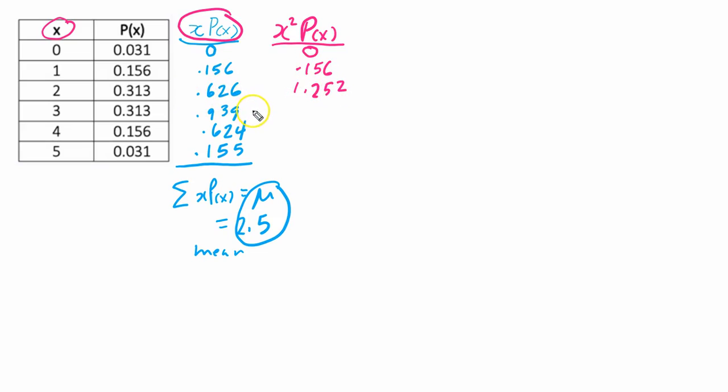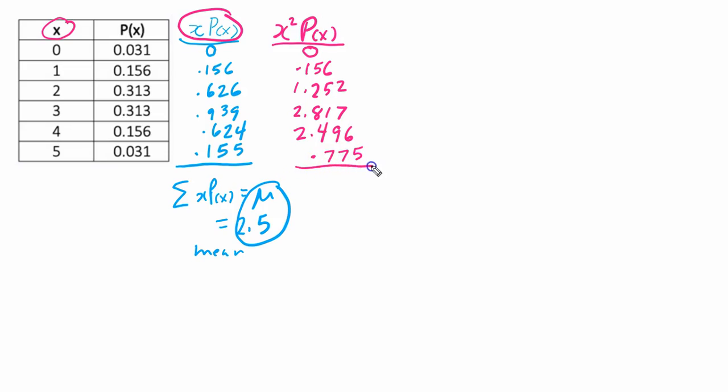Then I'm going to have 3 times 0.939, and that's going to give me 2.817. Then I'm going to have 4 times 0.624, which is going to give me 2.496. And then lastly, I'm going to have 5 times 0.155, which is going to give me 0.775.